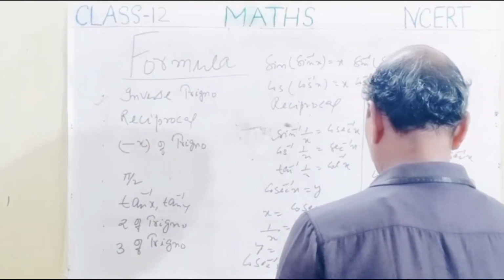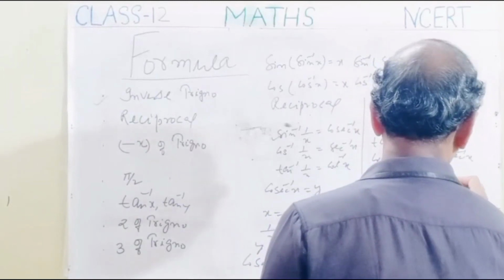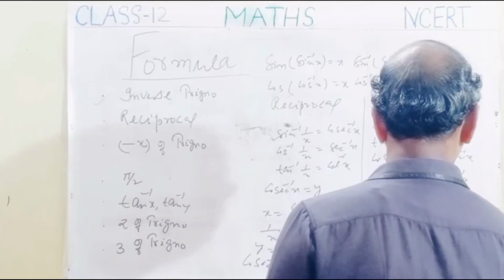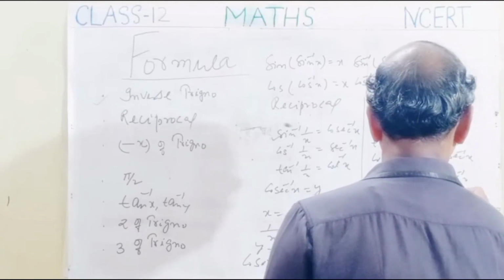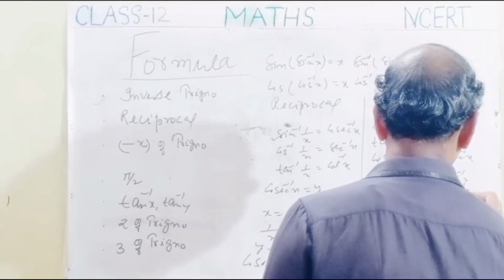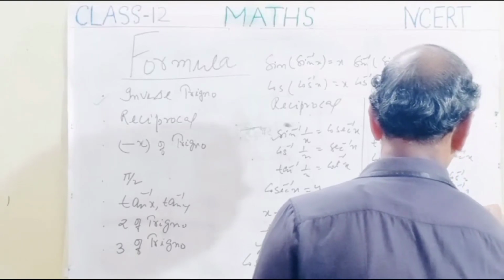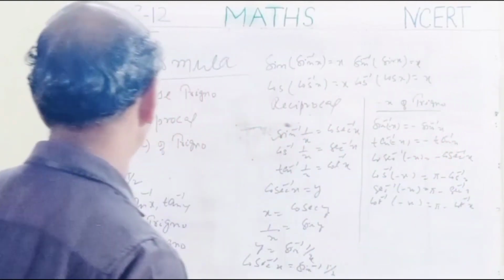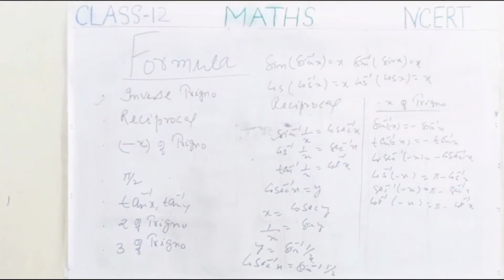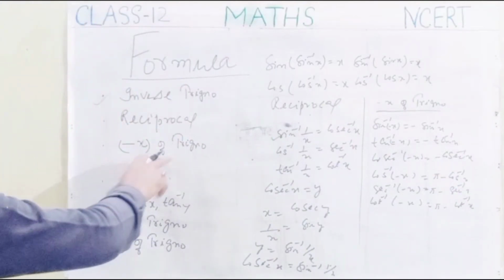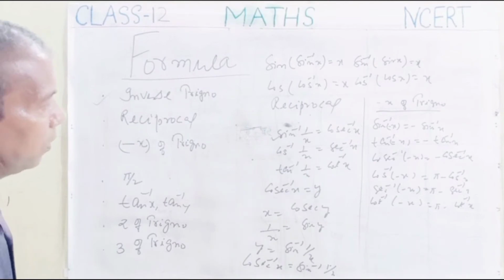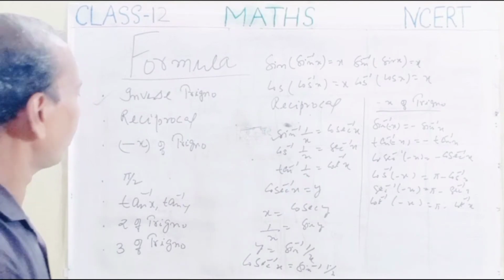So this is pi minus cos inverse x, pi minus sec inverse x, pi minus cot inverse x. So this is the negative x of the trigonometry.